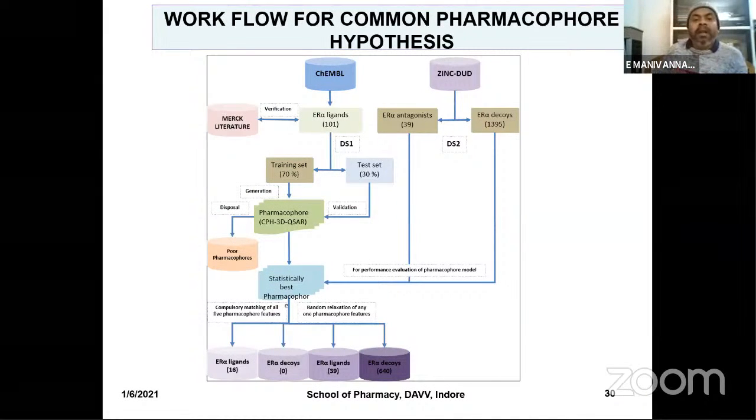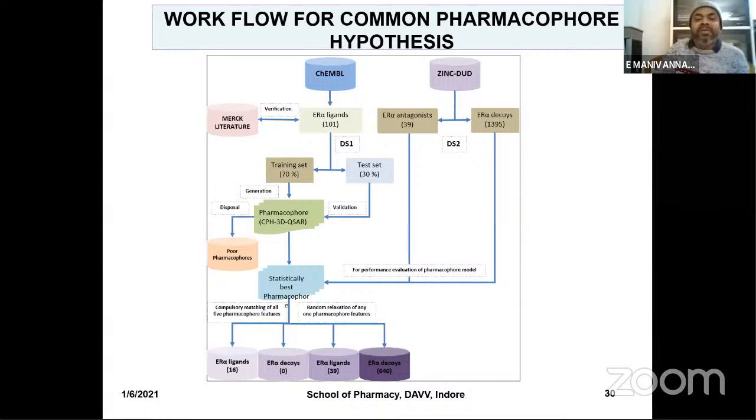So now, the workflow for construction of the common pharmacophore hypothesis. The 101 ER alpha ligands were selected or curated from the chemical database. They were verified with the Merck literature, the originally published literature. And then this data set was divided into two parts: a training set and a test set. This classification is essential in quantitative structure activity relationship.